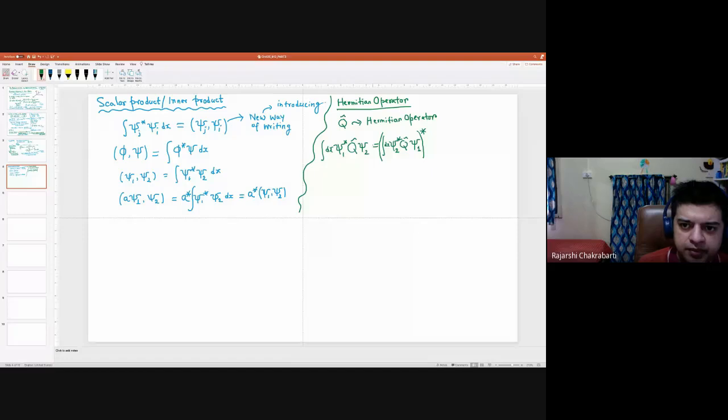Okay. Now, if I write this in my new notation, what would it be? I write it like this: psi1, comma, Q psi2. I think we can write it like this.